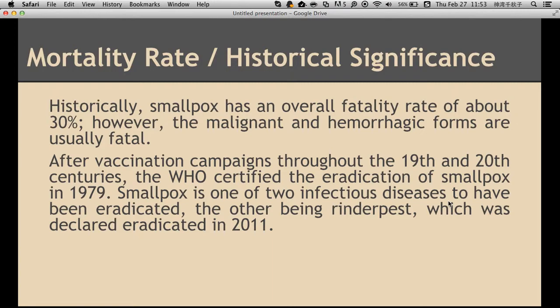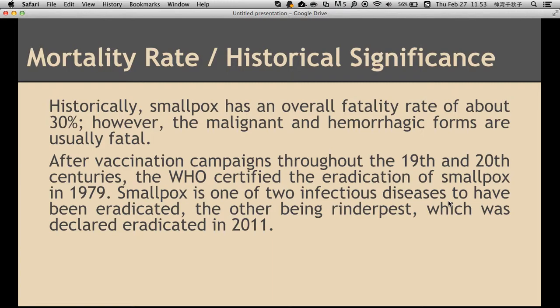The disease killed an estimated 40 million Europeans annually during the closing years of the 18th century, including 5 reigning monarchs, and was responsible for a third of all blindness. Of all those infected, 20 to 60% and over 80% of infected children died from the disease.